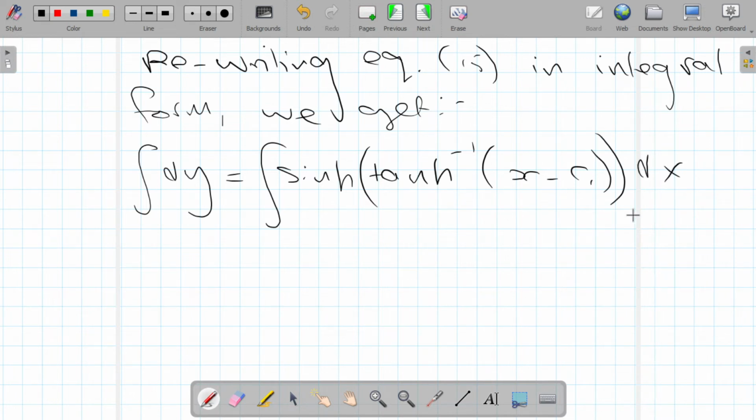So we've separated basically the variables out to get this, and we'll call this equation 16.